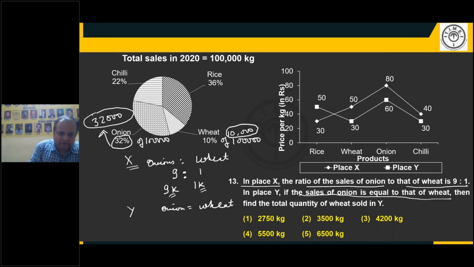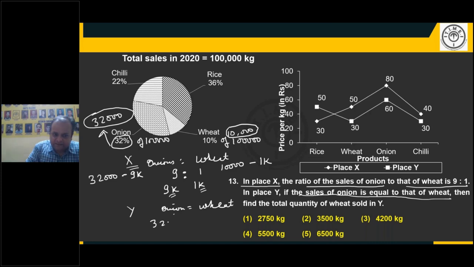Now think, if total onion is 32,000 and I subtract 9K, I get onions at place Y. And similarly, for wheat, 10,000 is the total, and at place X it is 1K. I get 10,000 minus 1K at place Y, and here it is given to be equal.